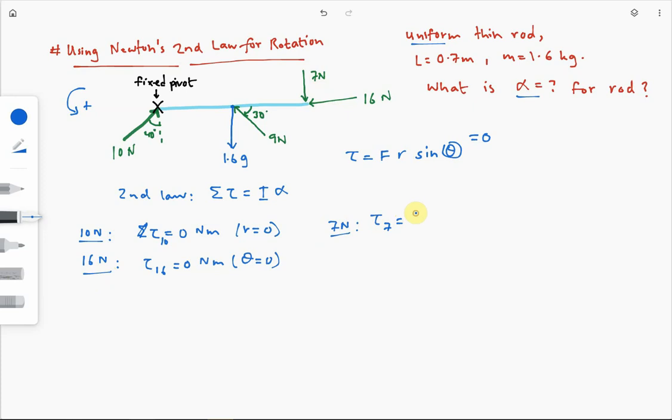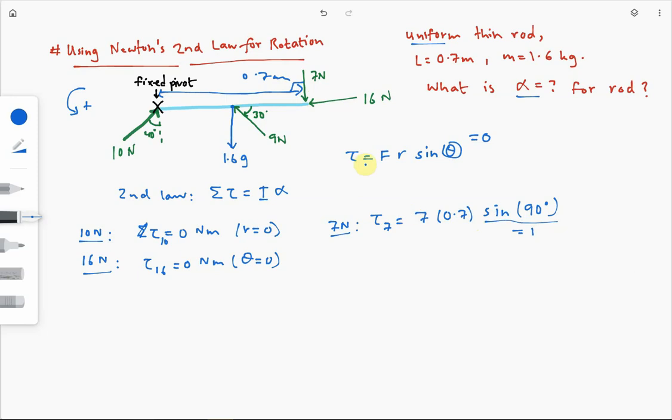It is the size of the force, which is 7, times the distance from the fixed pivot to the force, which is the total length of the rod, given to us as 0.7 meters. So 7 times 0.7 times sine of theta, and theta is 90 degrees because the force is perpendicular to this blue line joining the pivot to the force. The angle between them is 90 degrees. Hence this is 1.